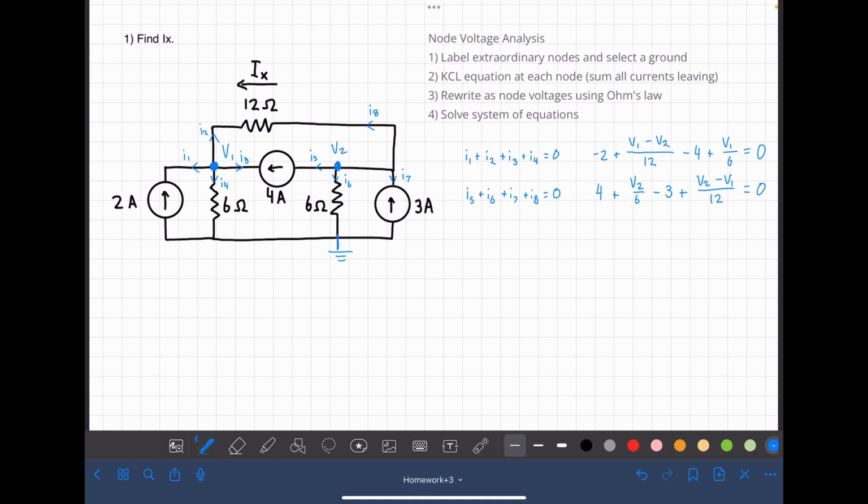You can do this any way you like, but I prefer matrices. So let me rewrite this, get it all in order. We're going to get all the V1s together from this first equation. So V1, we have a 1/12. That comes from this right here.